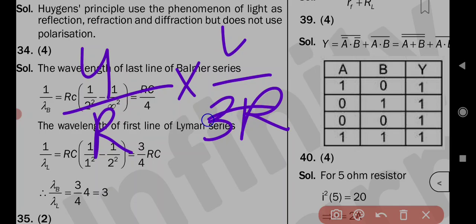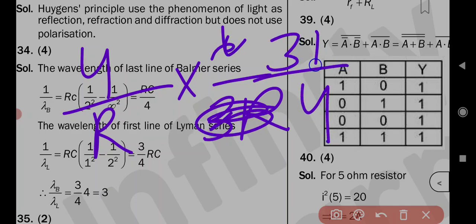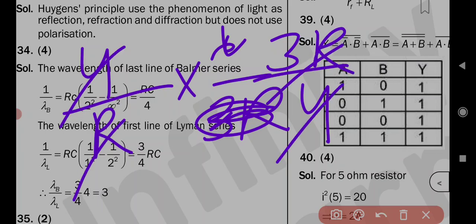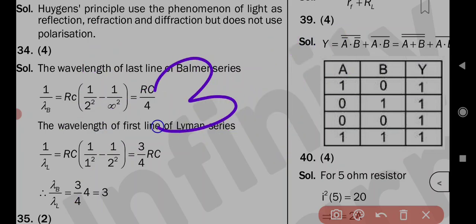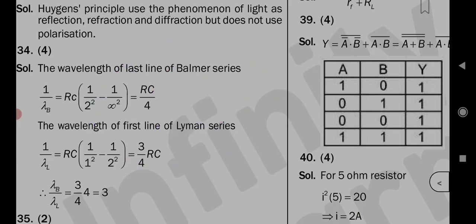So here we'll reverse it, and we get 4 by 3r. 3 is the answer, option number 4. Okay, next question.